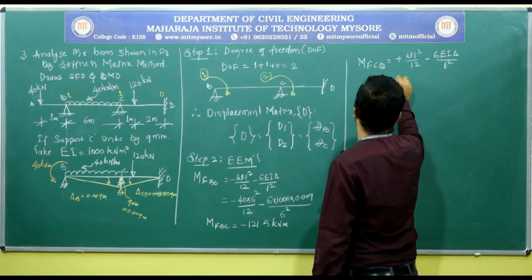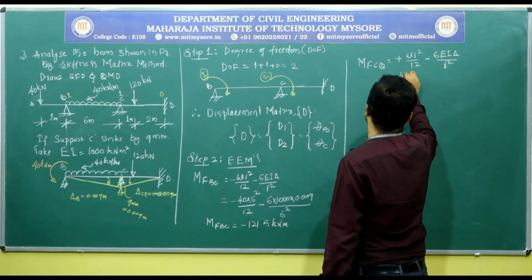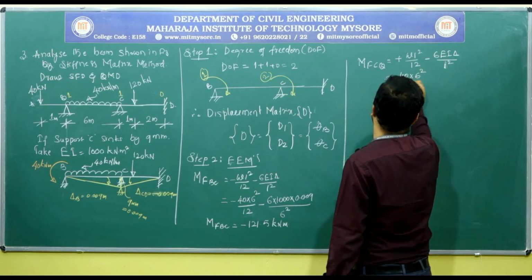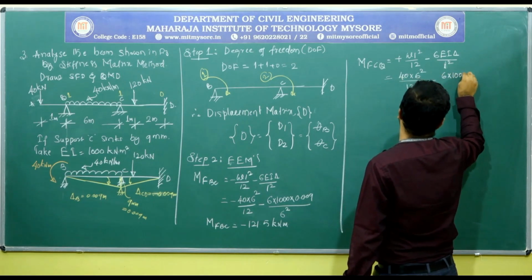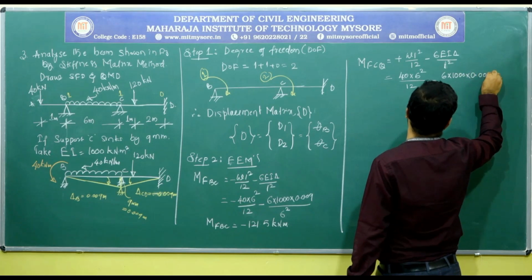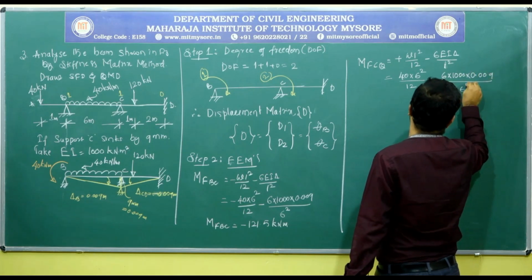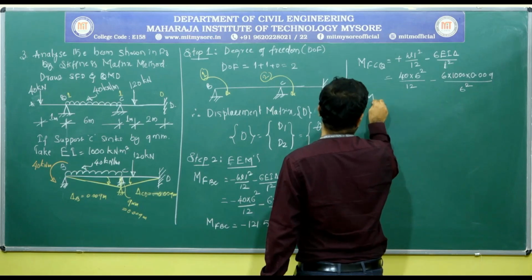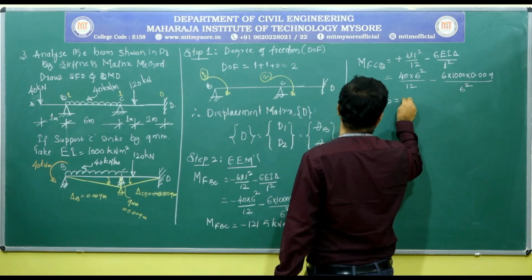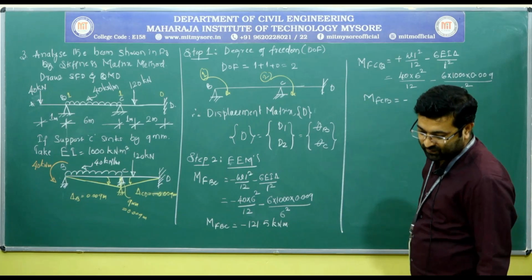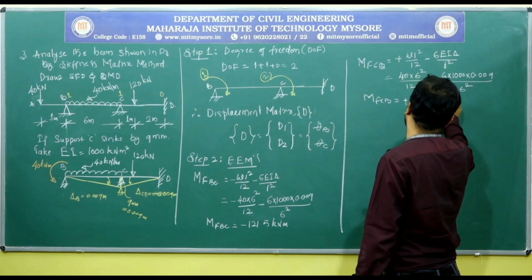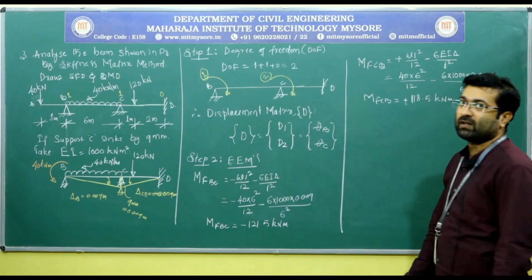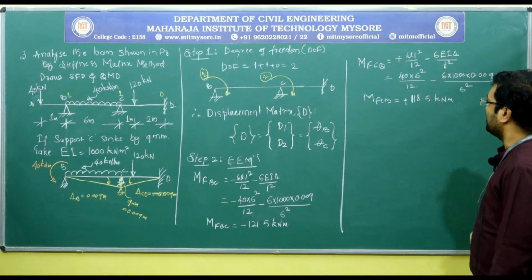Here W is 40 into 6 square divided by 12, minus 6 into EI value 1000 into delta 0.009 divided by 6 square. So MF CB yields a value of plus 118.5 kilonewton meter as the fixed end moment.